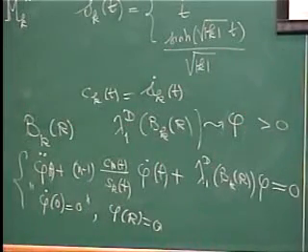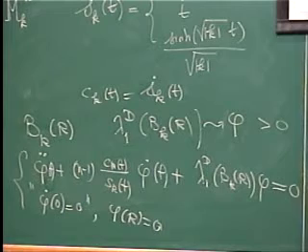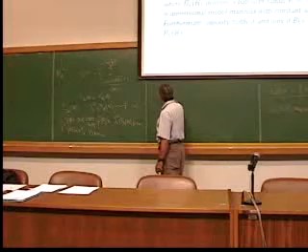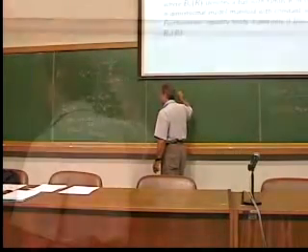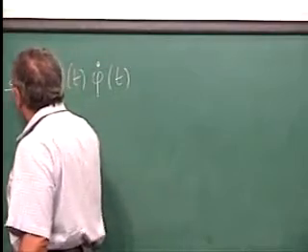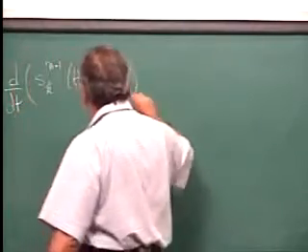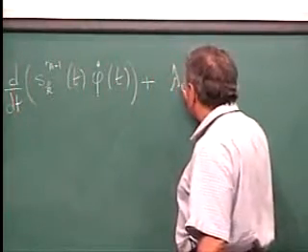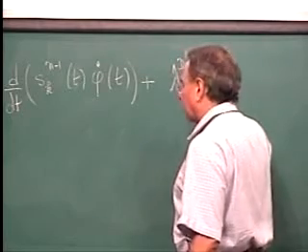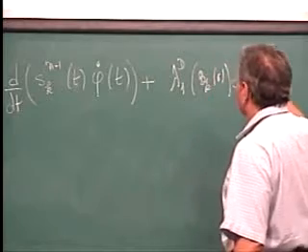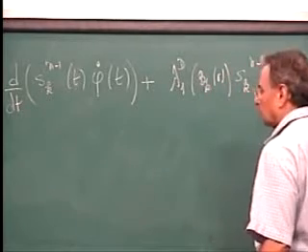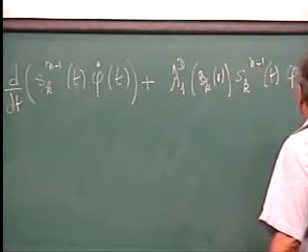Now you can rewrite this as follows. That's important. You can write this as d/dt of (sn_k^{n-1}(t) phi dot of t) plus lambda 1 sn_k^{n-1}(t) phi of t is equal to 0.